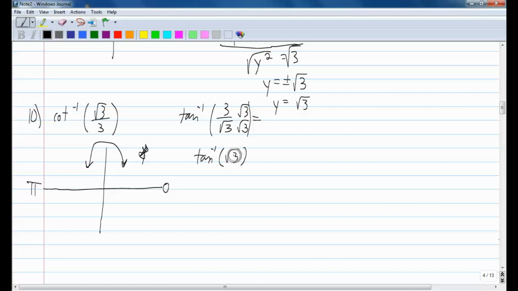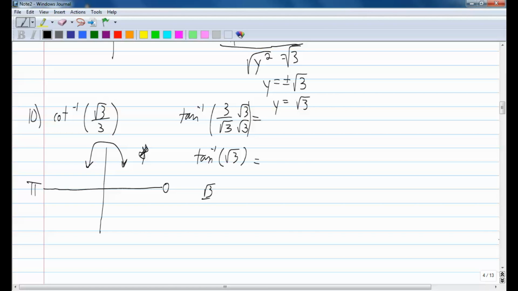Alright, so it's either going to be pi over 3 or pi over 6. The way that I think about tangent is sine divided by cosine. So if it was the sine of pi over 3, that would be square root of 3 over 2, over the cosine of pi over 3, that would be 1/2. Square root of 3 over 2 divided by 1/2 is what? Square root of 3. Right?